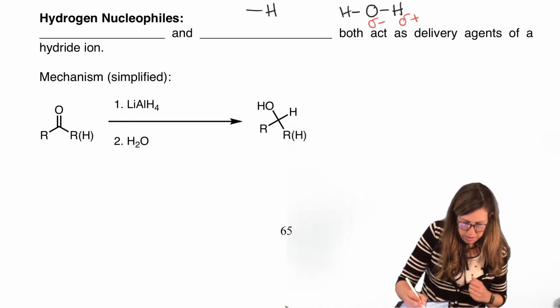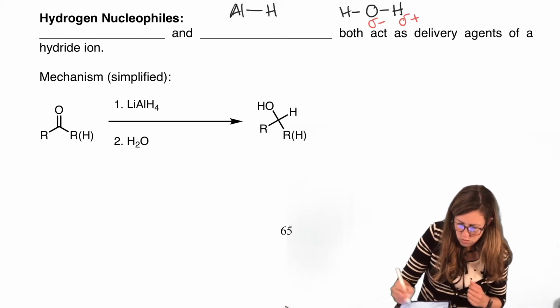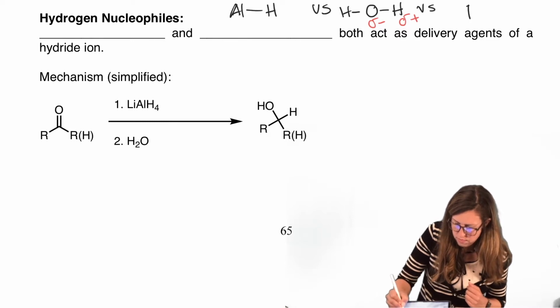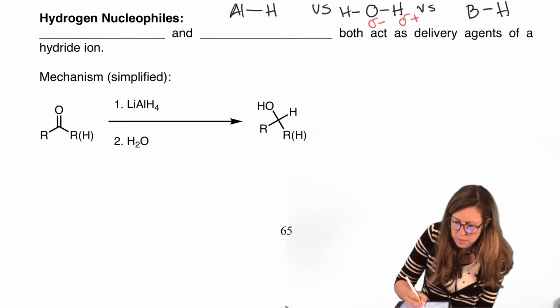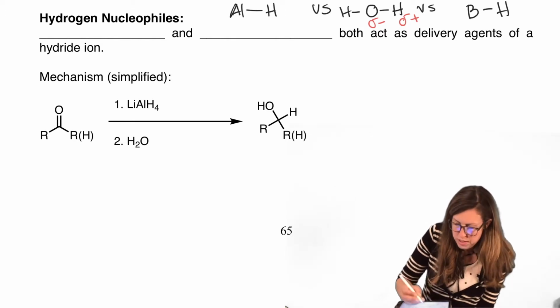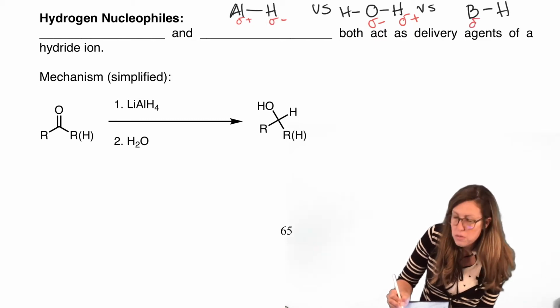So it could be aluminum or boron. So the electronegativity of aluminum is less than hydrogen, which flips that dipole so that we have a delta plus and a delta minus. Likewise with boron, we've seen that before, by the way, with hydroboration.